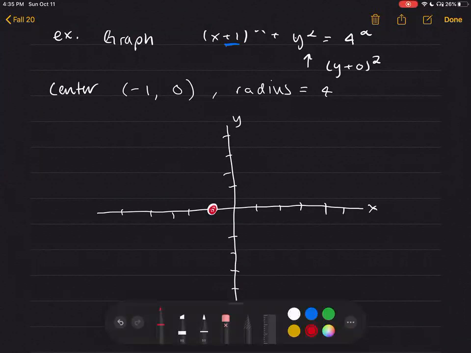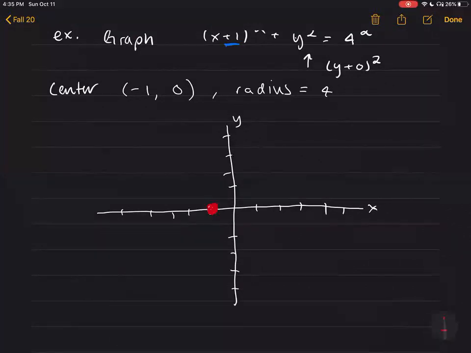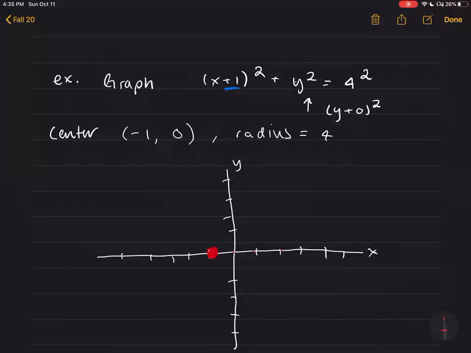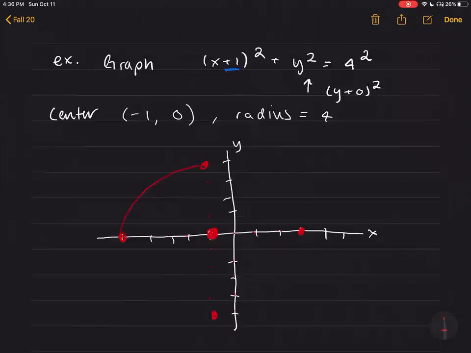And then the radius is going to be 4. So we're going to go 1, 2, 3, 4 points out, in each direction from the center, and then we're just going to connect them. Forgive my poor artistic ability here. But that's how we graph that circle.